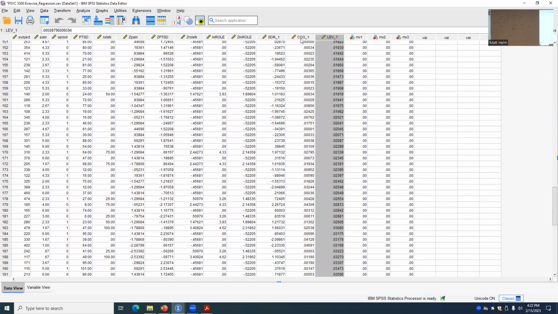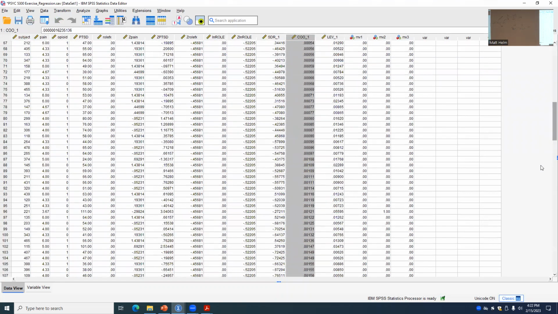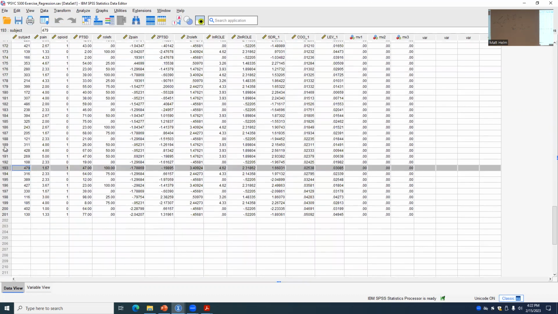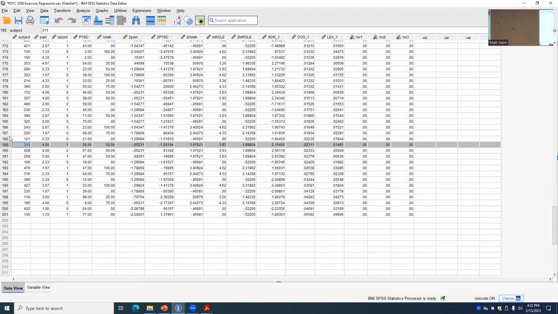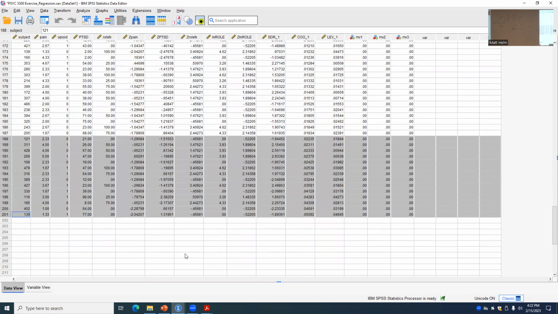Sort by your Cook. Oh, whoops. Yeah, sorry about that. Thank you. Oh boy, there should be that many. 0.020. Yeah. Okay. So I've got that number of cases, right? Which is quite a bit.